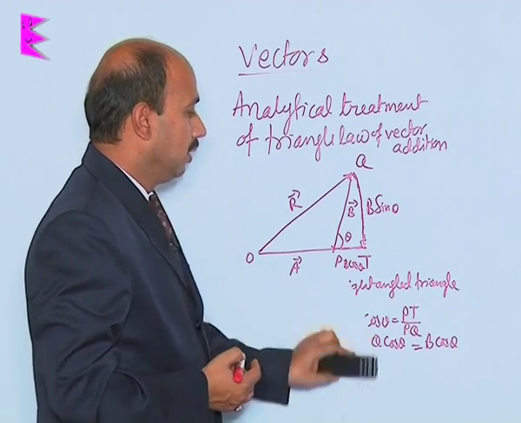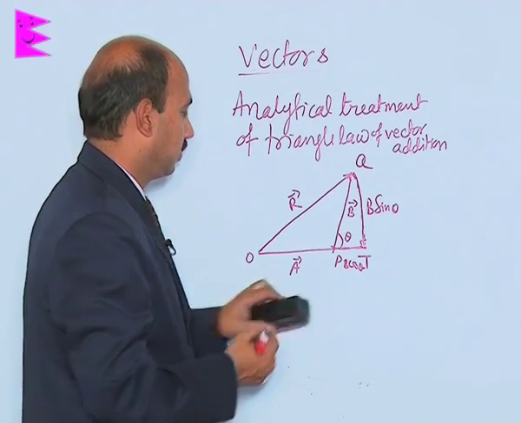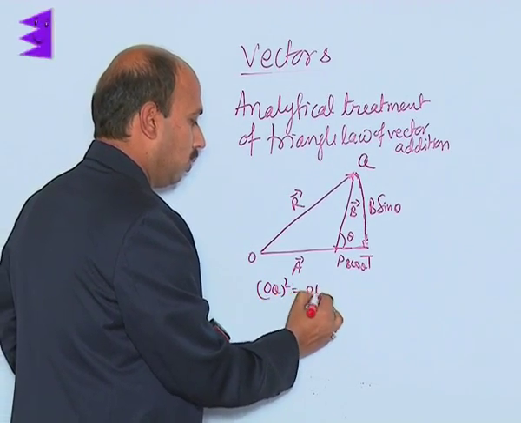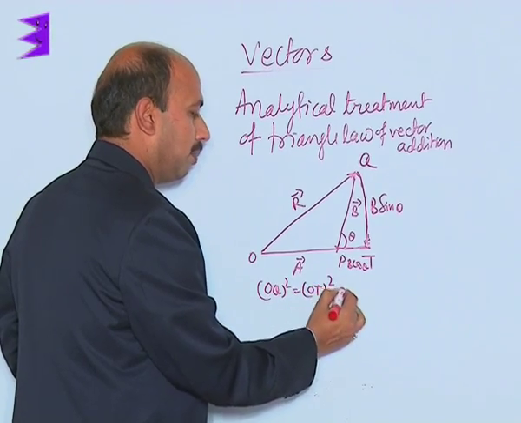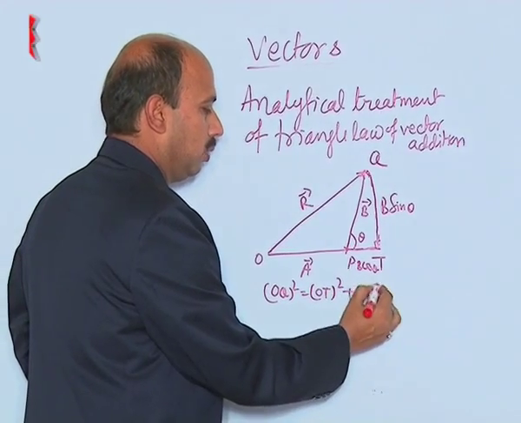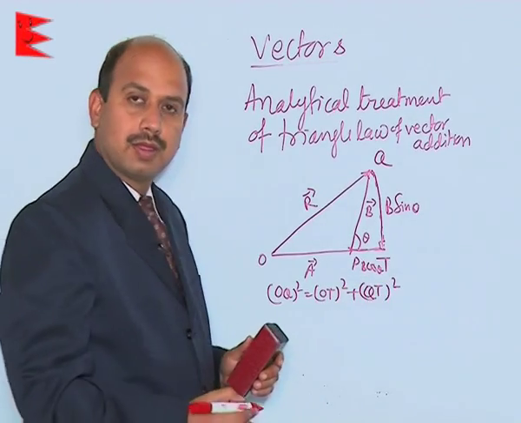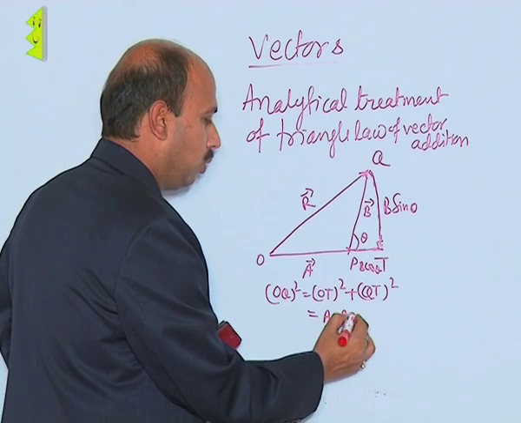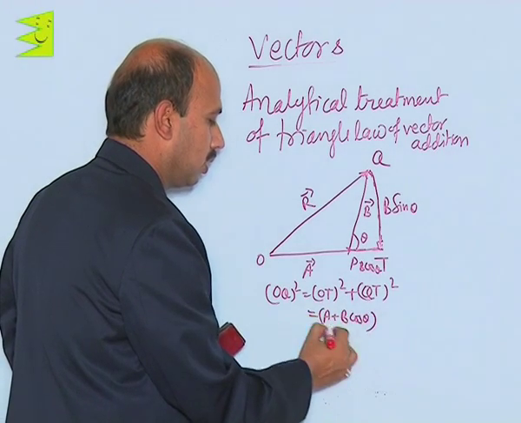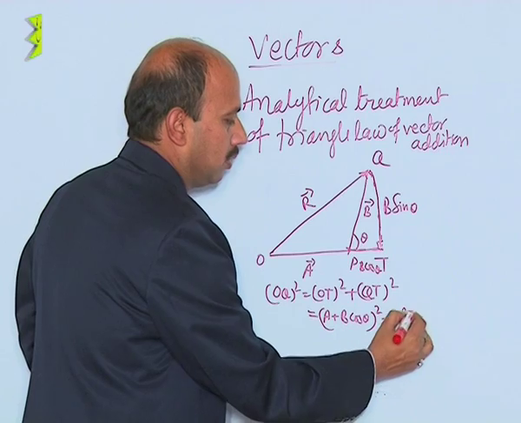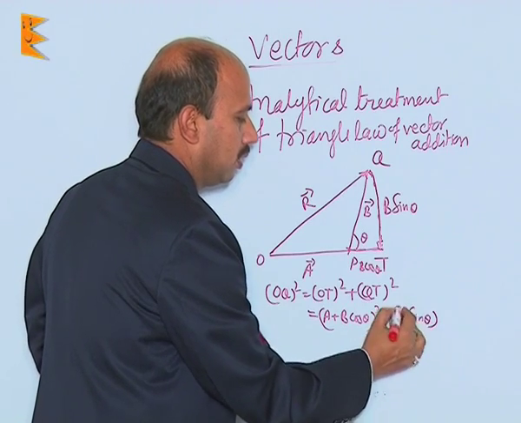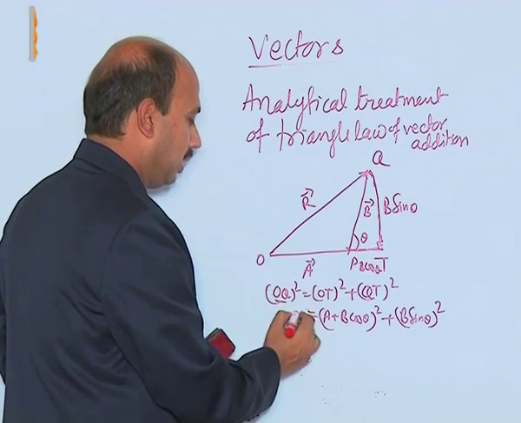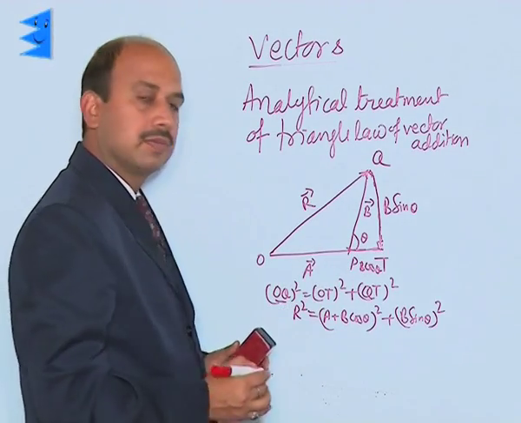So, how? Just we write here OQ square is equal to OT square plus QT square. So, we can write here (A plus B cos theta) whole square plus (B sin theta) whole square, and this OQ can be written as R square.